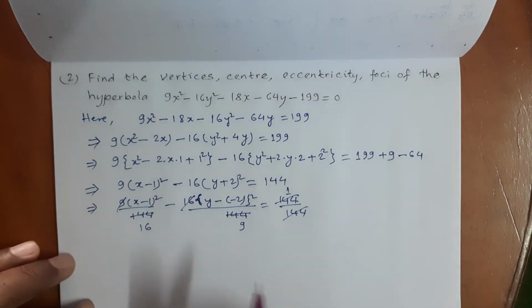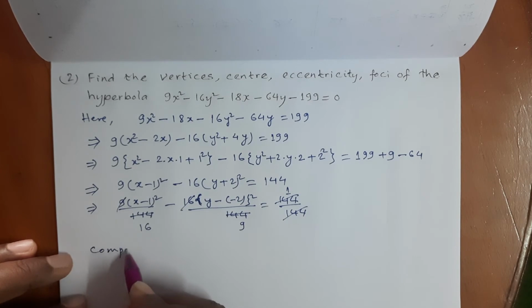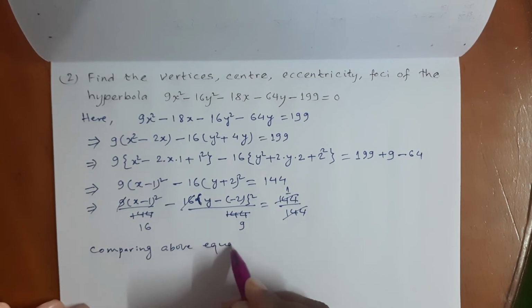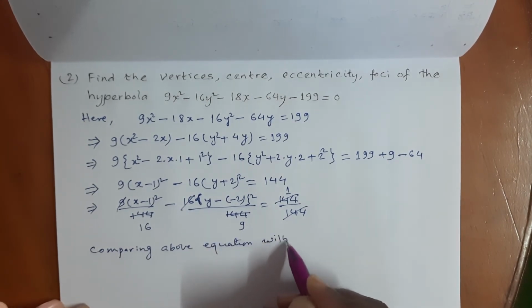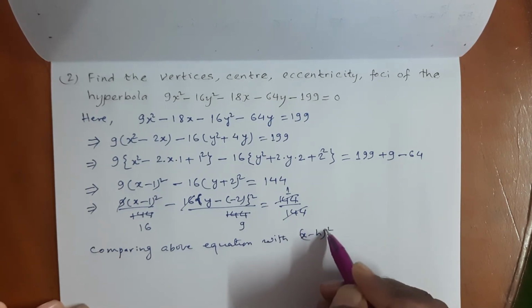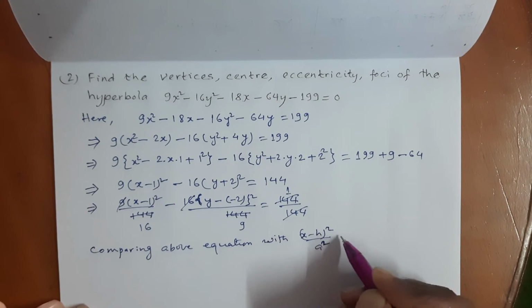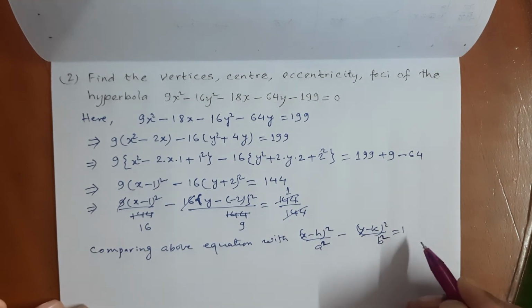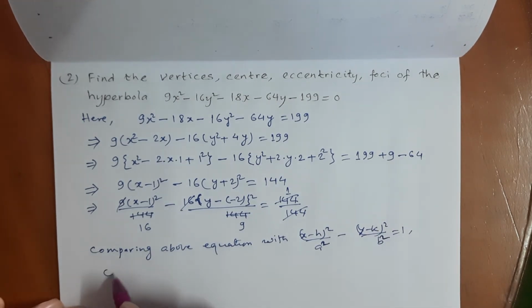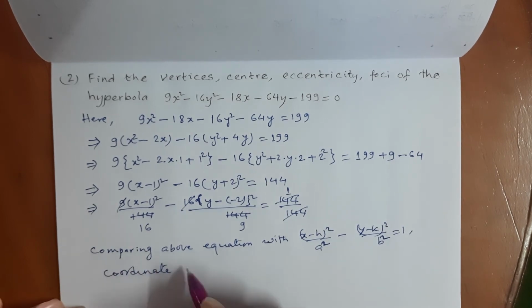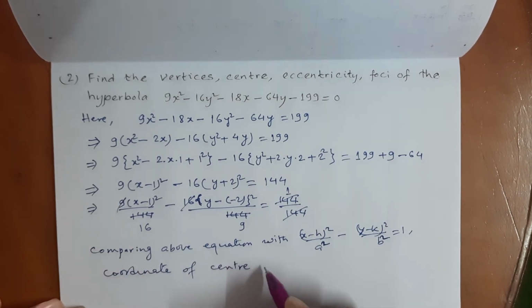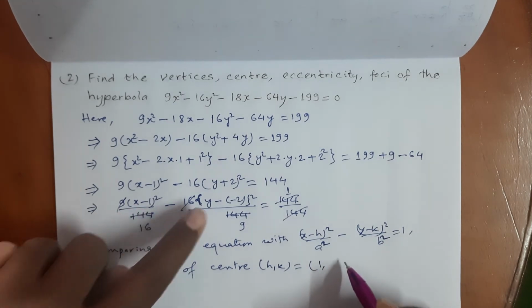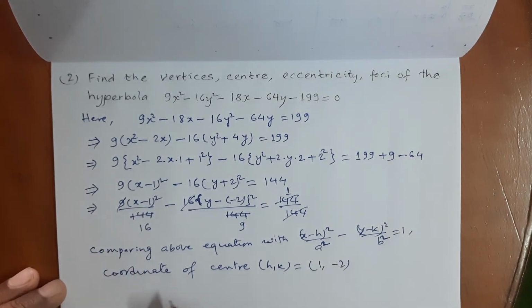Okay, and comparing the above equation with x minus h whole square over a square minus y minus k whole square over b square equals 1, the coordinate of center (h, k) equals, in place of h we have here 1, in place of k we have minus 2. This is the coordinate of the center.